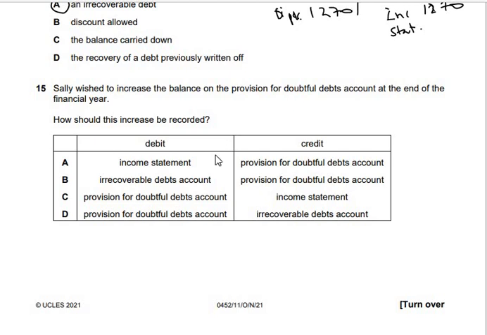Number 15. Sally wishes to increase the balance on the provision for doubtful debts account at the end of the financial year. Right? So how should this increase be recorded? Okay. If you're increasing the provision for doubtful debts, it means you are debiting the income statement. Remember, to debit income statement is to add to expenses, to increase expenses.